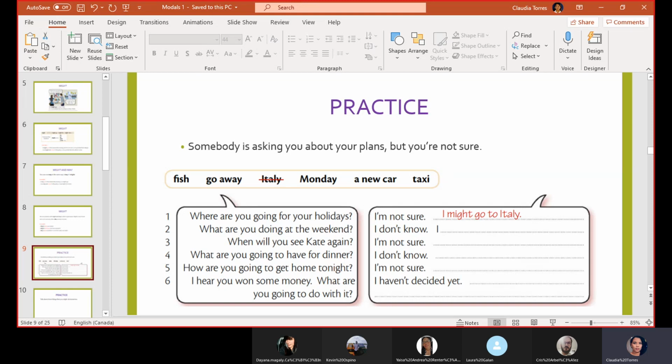Yaisa is writing in the chat. She's participating. Yaisa says, I have never eaten tacos. No? Oh, they're delicious. I love Mexican food. Tacos, fish tacos, pastor tacos.